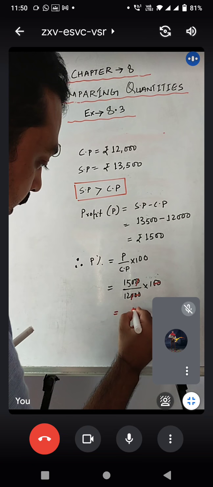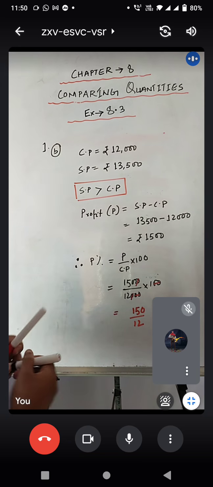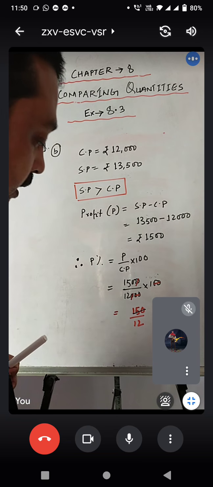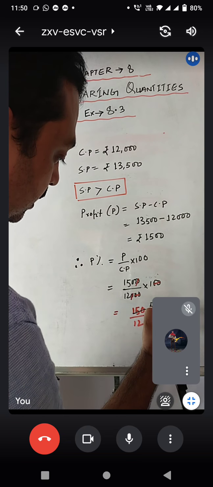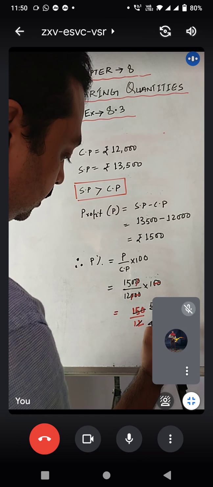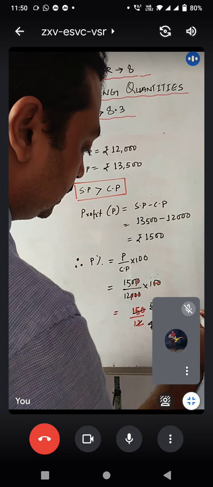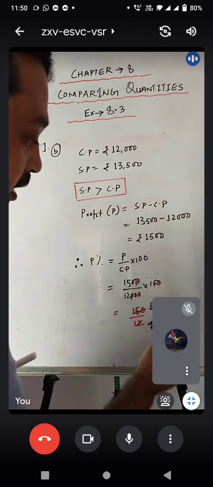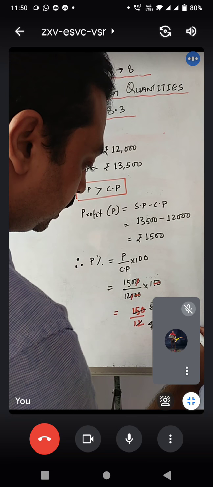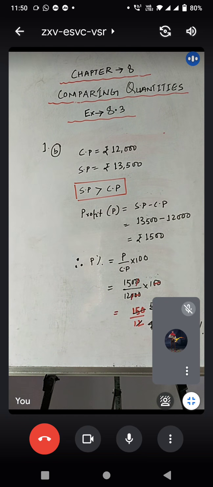So it will look like 150 by 12. Now let's reduce this: 3 50s are 150, 3 4s are 12. Now 2 25s are 50, 2 2s are 4. So it is 25 by 2%. Now give your answer in decimal form and it would be 12.5%. So this is the solution of sum number B of question number 1.